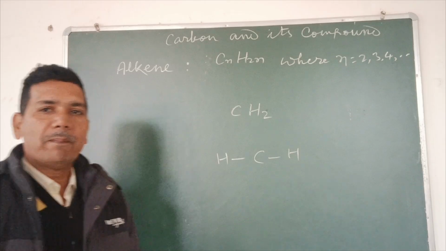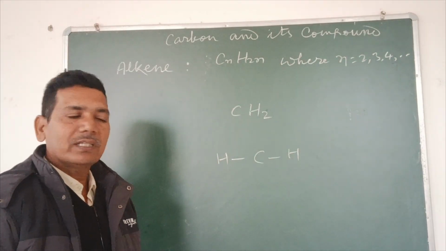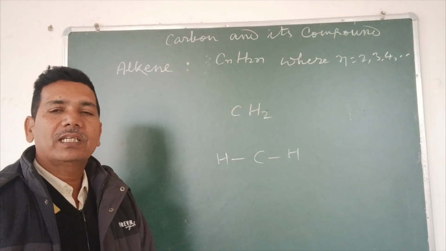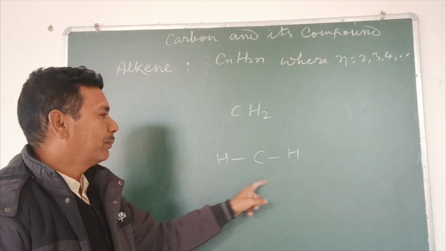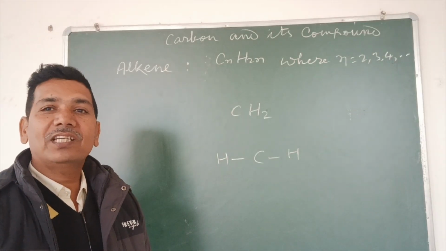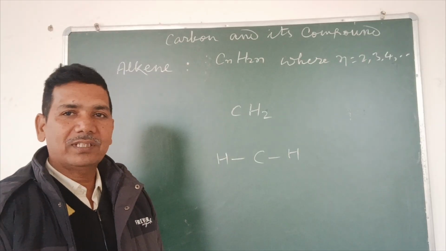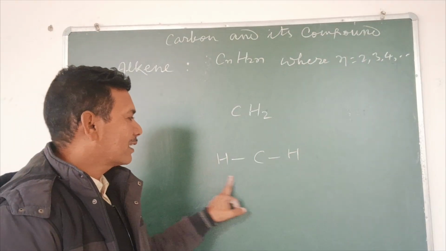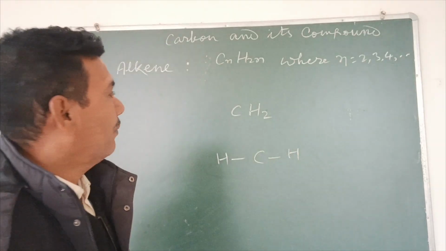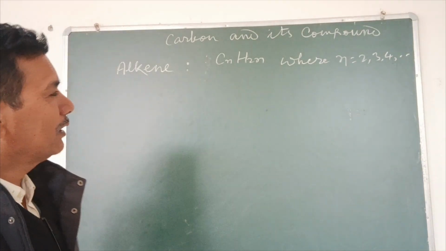We see that this hydrogen has completed its monovalency, this hydrogen as well has completed monovalency, but carbon has completed only divalency. Though its valency is 4, it should have 4 valency. Therefore, this compound is not stable. This cannot be formed.